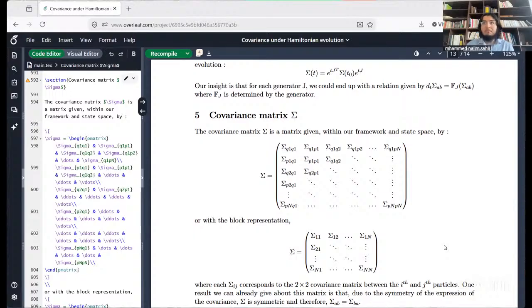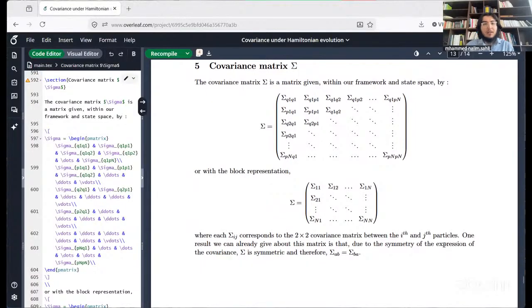And to show that there is a linear map between the time derivative of sigma and sigma itself, we only have to study what the independent variables within a sigma matrix are. We show that the sigma matrix is a symmetric matrix. So when we have 2 degrees of freedom, we have technically a 4 by 4 matrix. And because it is symmetric, we only have 10 independent variables.